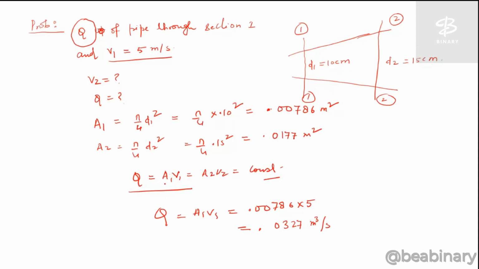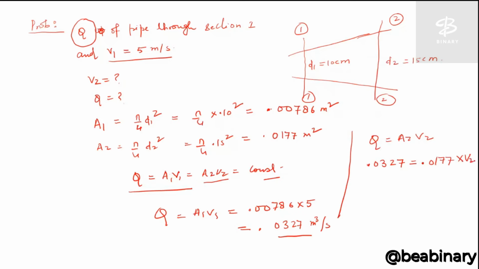And now we try to find out the value of V2. We take the formula Q is equal to A2V2. From here we put the values: 0.03927 is equal to 0.0177 multiplied by V2.